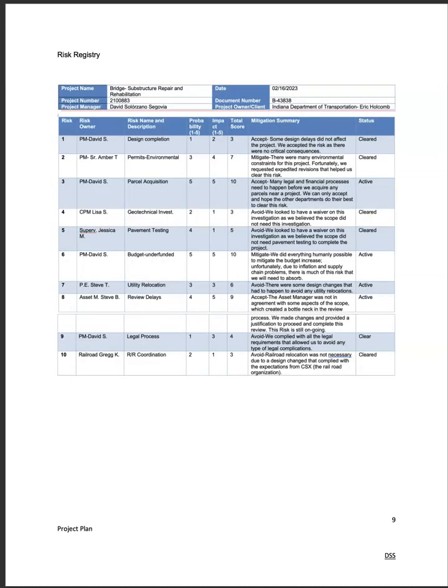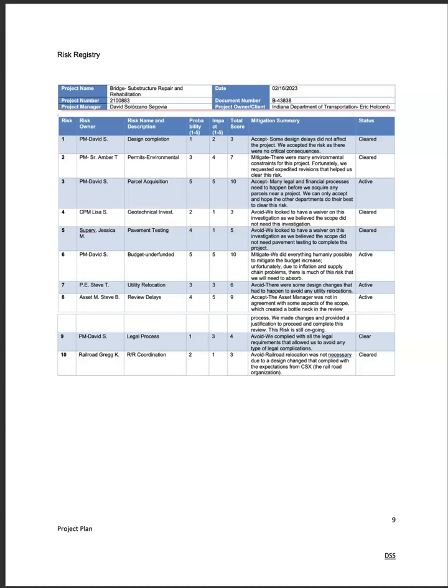As I previously mentioned, one of my favorite parts about the project is to manage the risk registry, as this is a way for us to better prevent and also attack any type of risks that might present in a project, which is something very important.